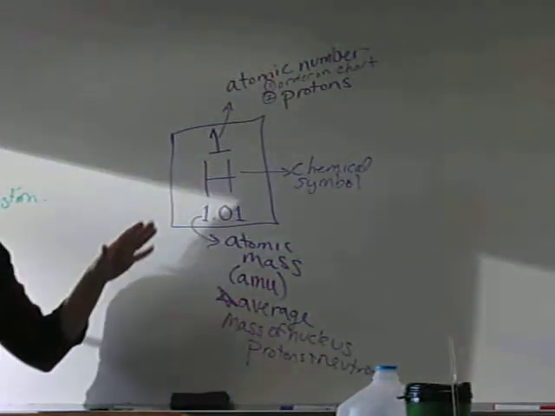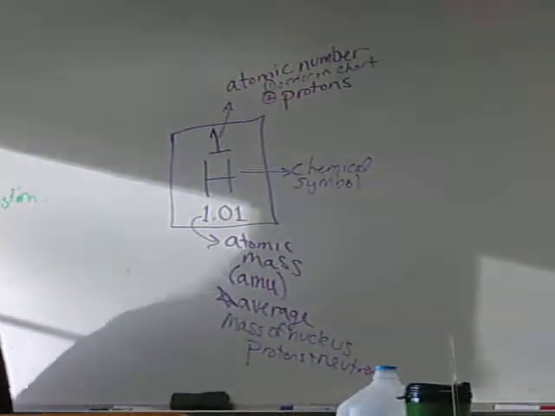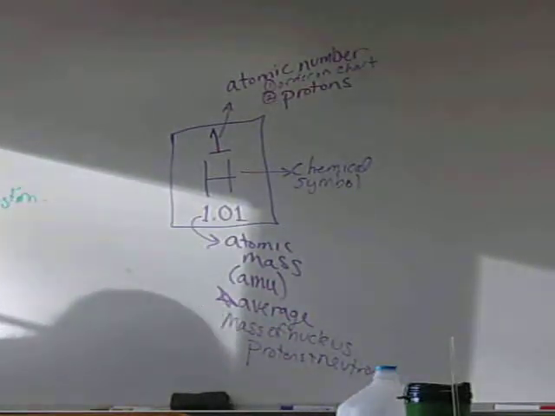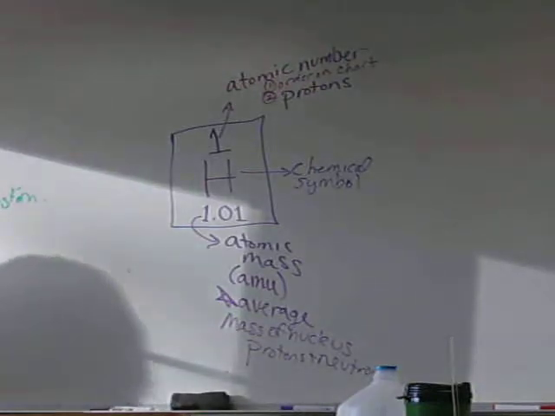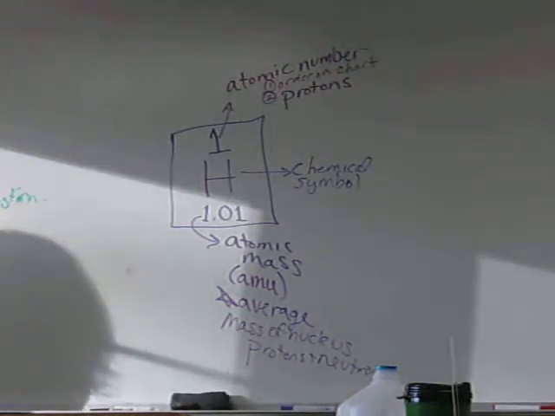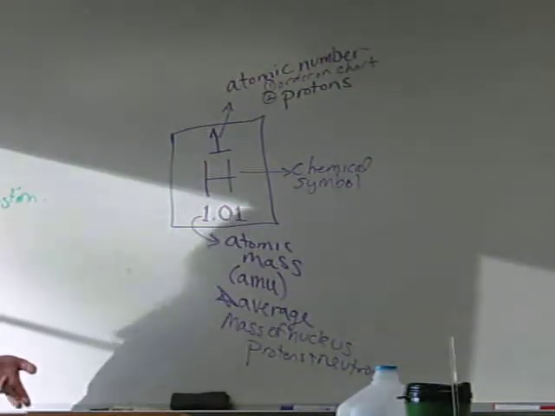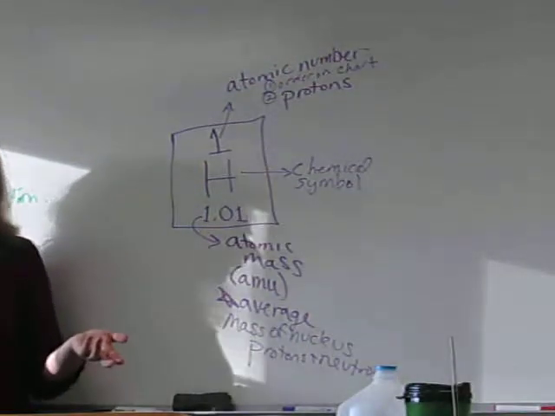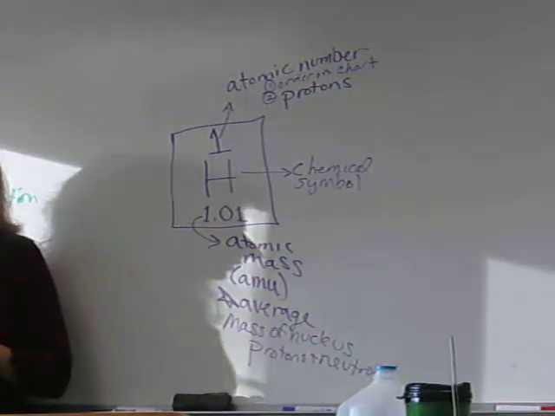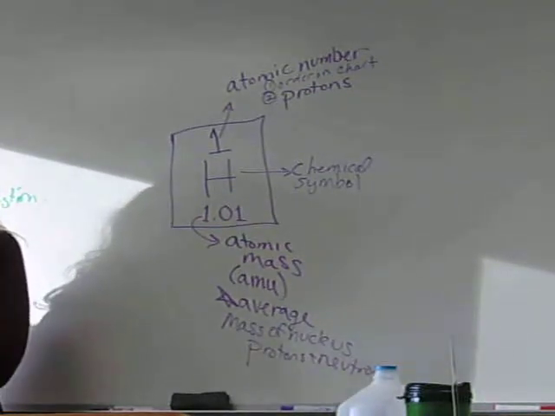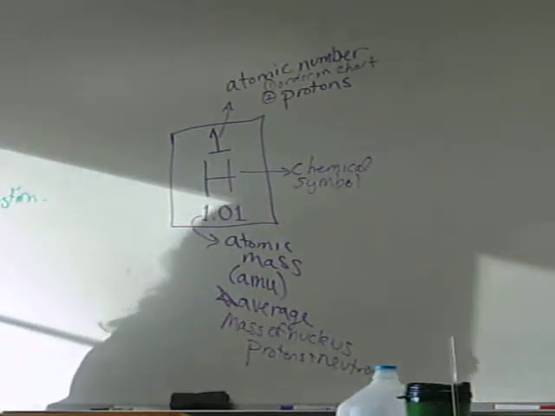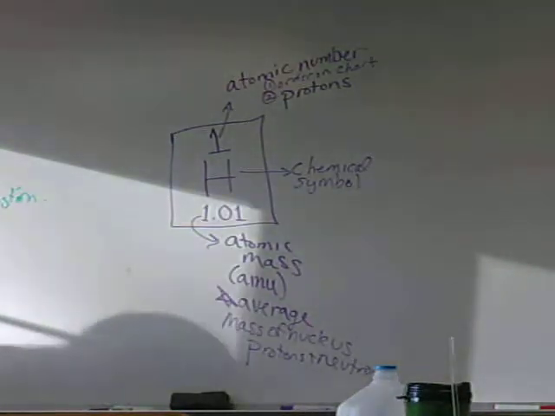But, anyhow, an average. So you start to see, as you get bigger and bigger atomic weights, that you're going to get more and more neutrons, because protons are all positively charged. Do positive charges attract each other or repel each other? Repel. Right, like charges repel. So let's look at, say, gold.